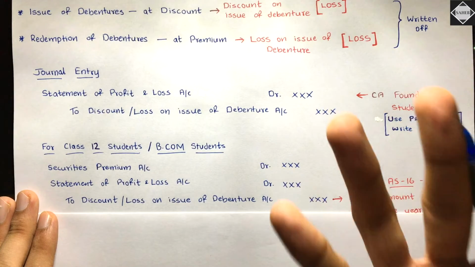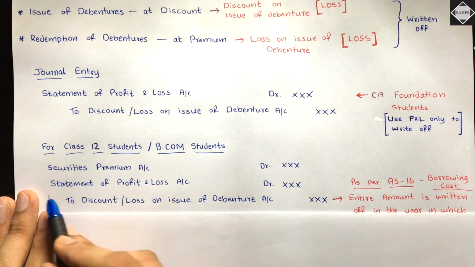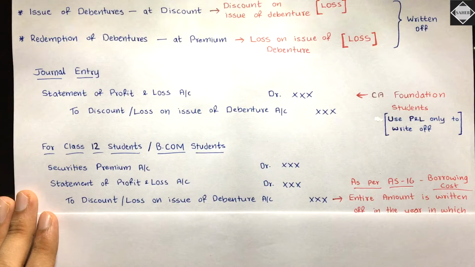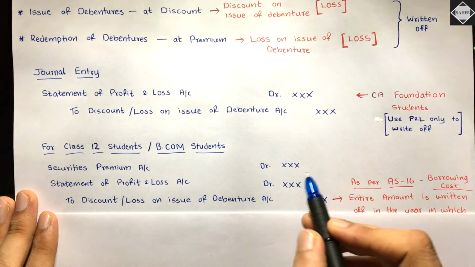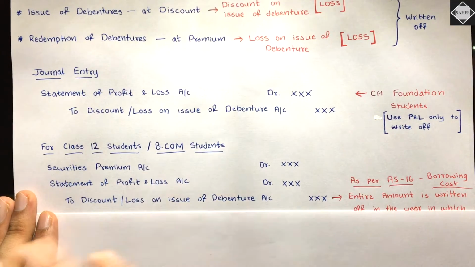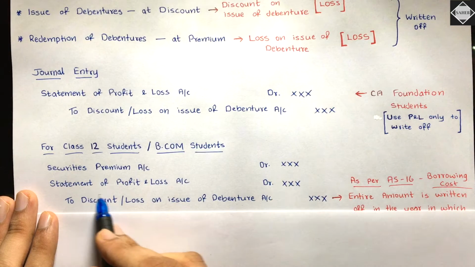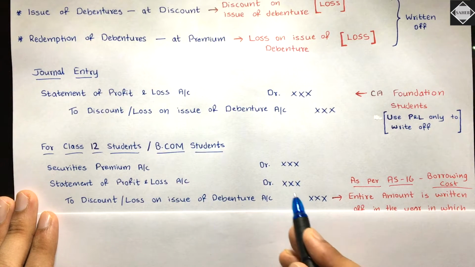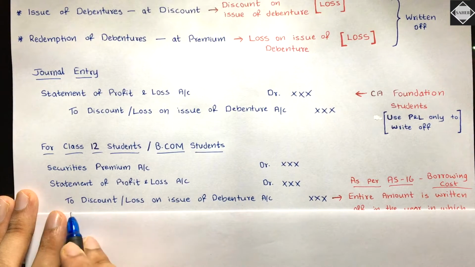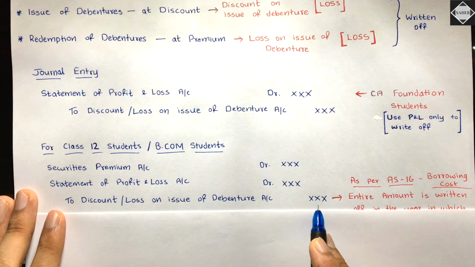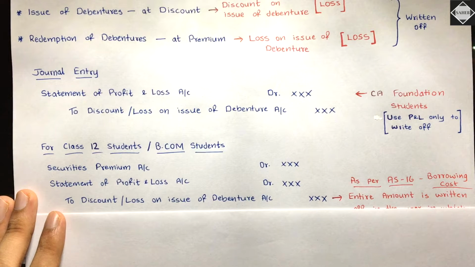So that 30 you need to write off out of securities premium and statement of profit and loss. Is it clear? So 10 you have used from securities premium, it's finished. Then the remaining you just transfer to statement of profit and loss, 20. So here, to discount or loss on issue of debenture, 30. Is that clear? This is what you have to do.